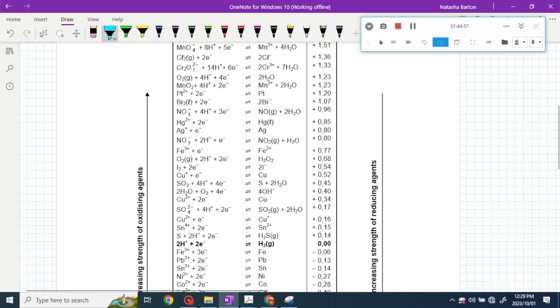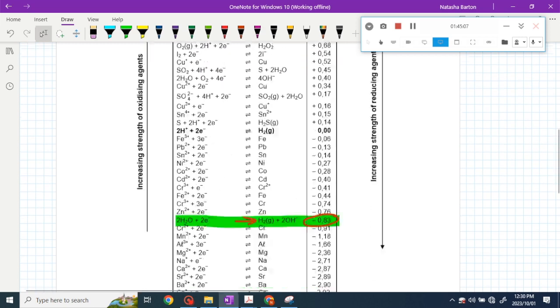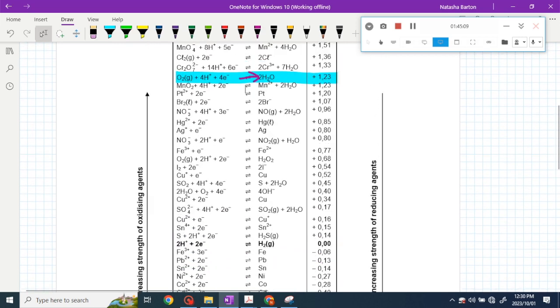Here it is. If we are talking about the reduction of water, then we use this reaction over here. Other way around. I've made a mistake.